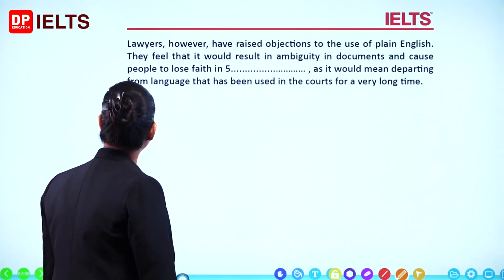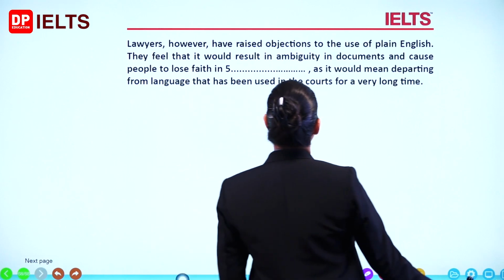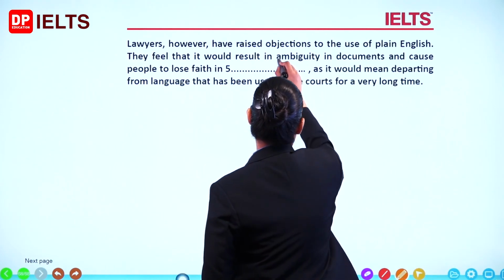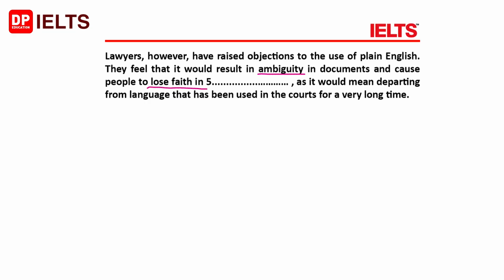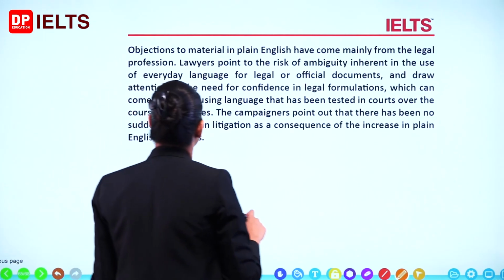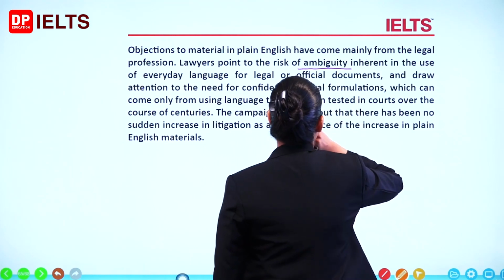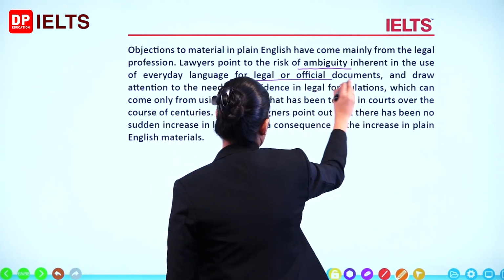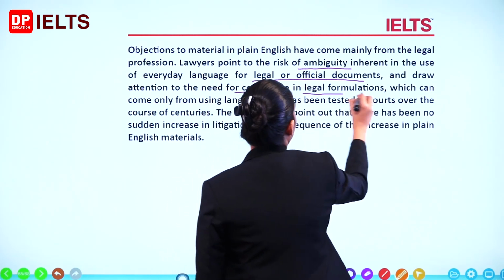Alright, so going to the last question. Lawyers, however, have raised objections to the use of plain English. They feel that it would result in ambiguity in documents and cause people to lose faith in what? Okay, right. So let's go and have a look at ambiguity. Here it is. So the risk of ambiguity in the use of everyday language for legal or official documents draws attention to the need for confidence in legal formulations.